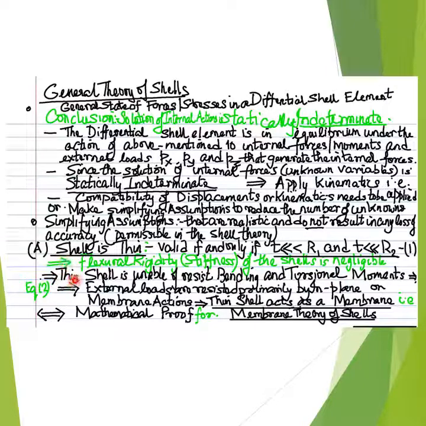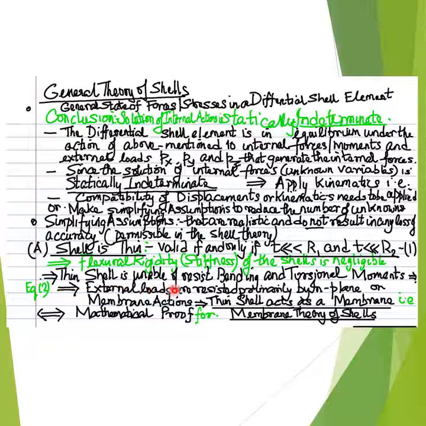and as a consequence the thin shell that satisfies the necessary and sufficient condition given by equation 1 to qualify as a thin shell is unable to resist any bending and torsional moments acting out of the plane of the shell element.